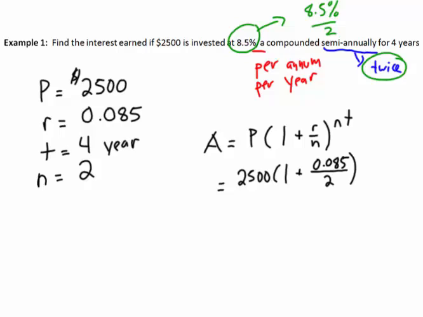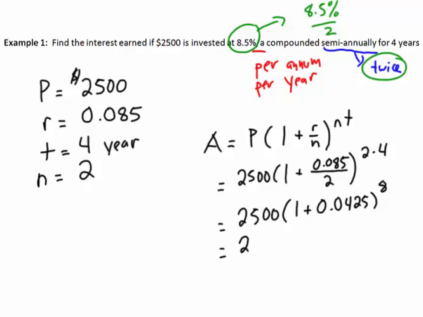N here is 2 times 4, which would mean we have 2,500, 1 plus 0.0425 all to the 8. And we could go one step further, 2,500 times 1.0425 to the 8, and this is where we can probably notice this is just an exponential.